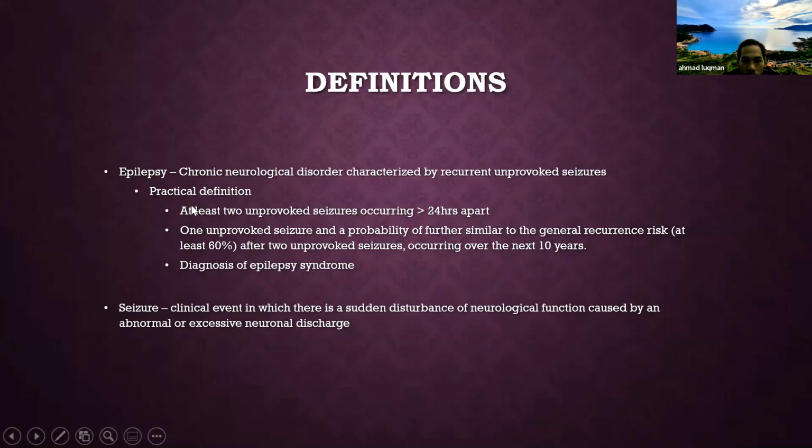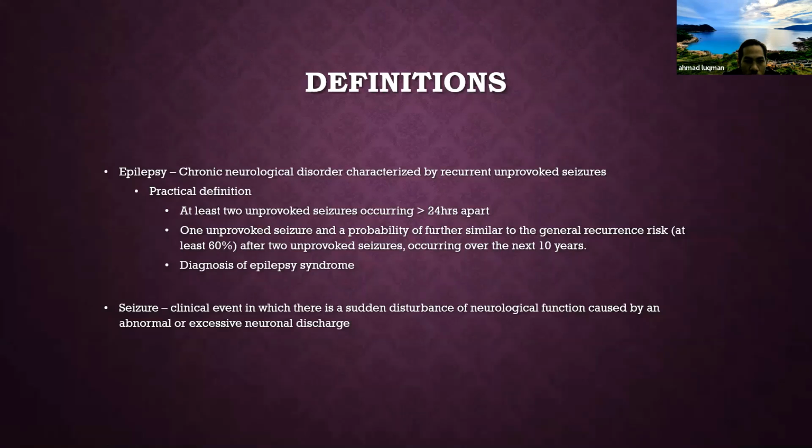The general recurrence is at least 50% after two unprovoked seizures occurring over the next 10 years. And the diagnosis of epilepsy syndrome, which I will tell you about in the last part of my presentation.